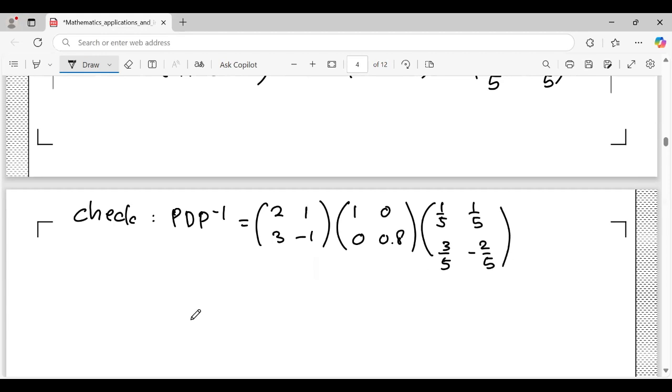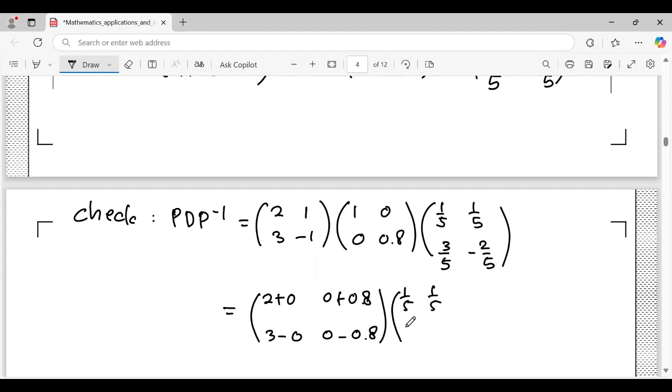And if you calculate, this is 2 plus 0, 3 minus 0, 0 plus 0.8, 0 minus 0.8 times this 1/5, 1/5, 3/5, minus 2/5.